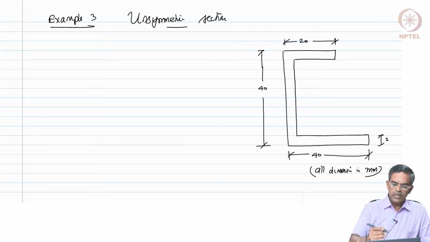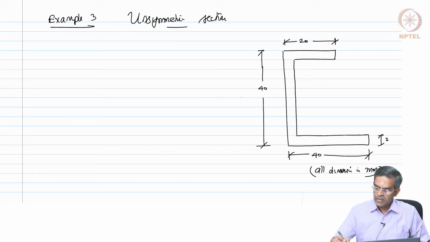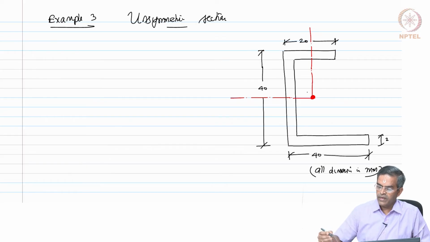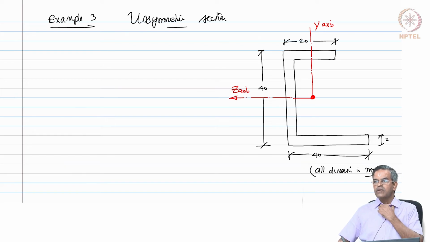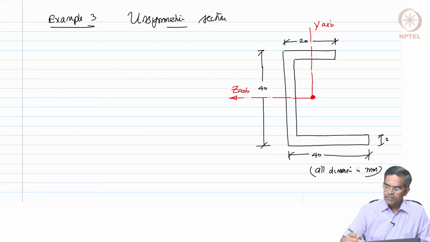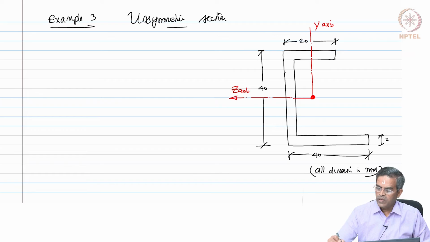So, the moment I have an unsymmetric section, I will mark the axes, the z and y axes, x axis normal to the screen, this is my y axis, this is my z axis. Immediately these values are required.